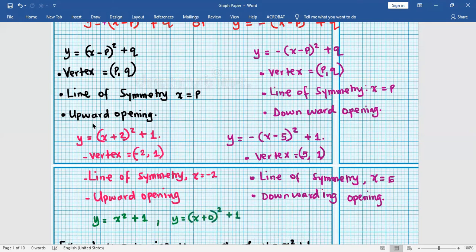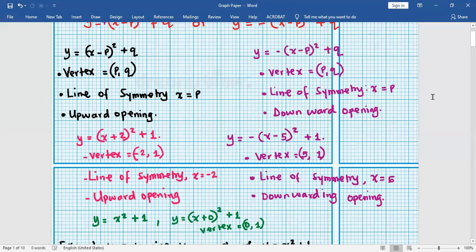It actually means that here the value of p is 0. So that's why it is x squared plus 1. So for this case, the vertex will be (0, 1). And then the line of symmetry is x equals 0.